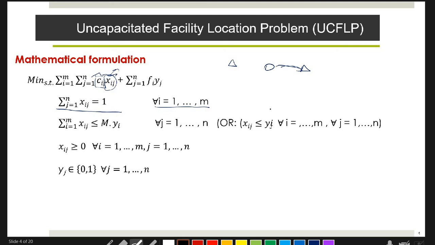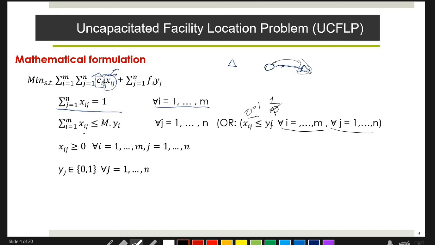If a facility is not located at this potential site, then you cannot satisfy any of the customers from it. Therefore, if Yj is 0, this constraint makes all Xij equal to 0. And if it is 1, then Xij can be 0 or 1, depending on whether it is cheaper to satisfy from there or not. It depends on your objective function. And we are writing this constraint for all possible values of i and j.